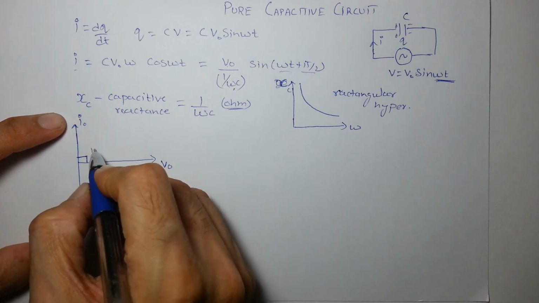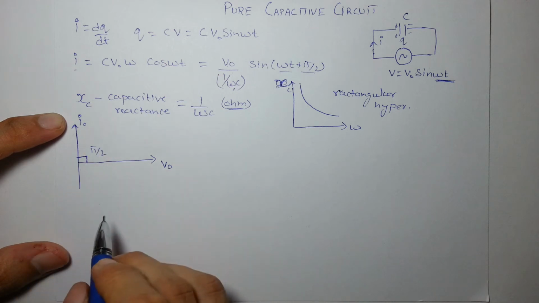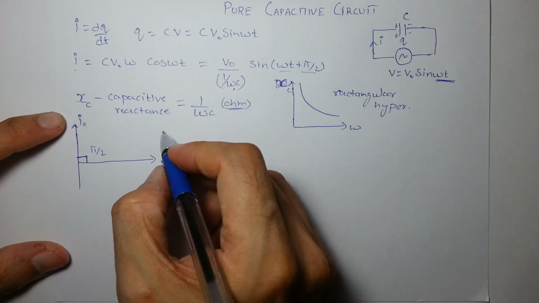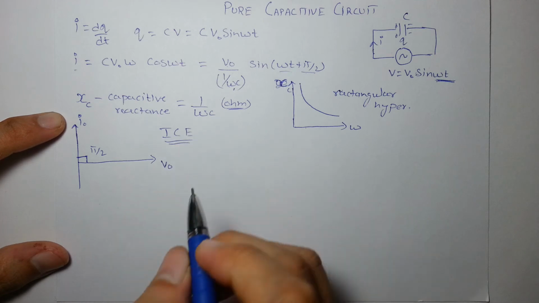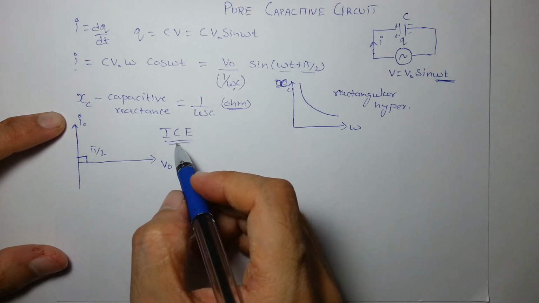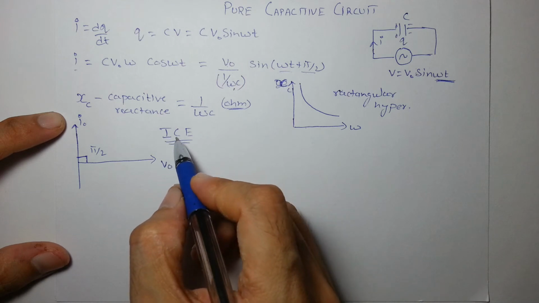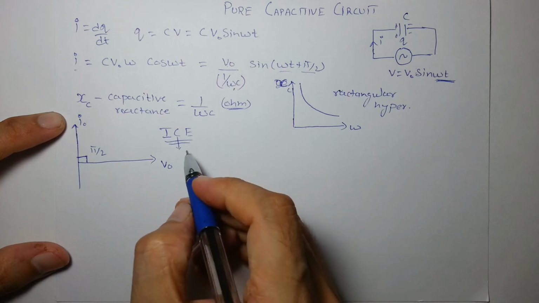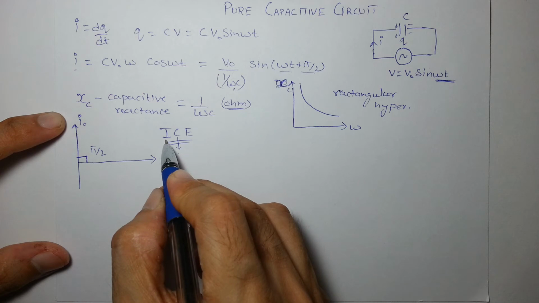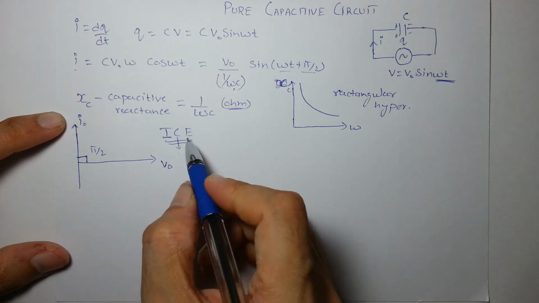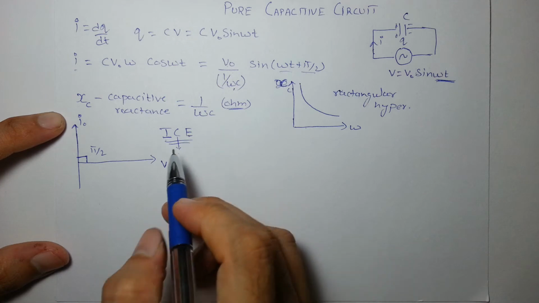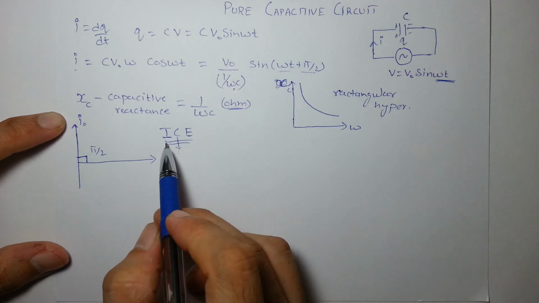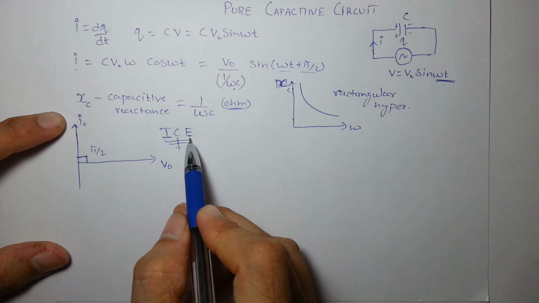We can remember this word ICE to memorize कि कौन आगे कौन पीछे. In case of capacitive circuit, current आगे होता है, means current lead करता है किसको? EMF को, means voltage को. In a capacitive circuit, current leads the voltage.